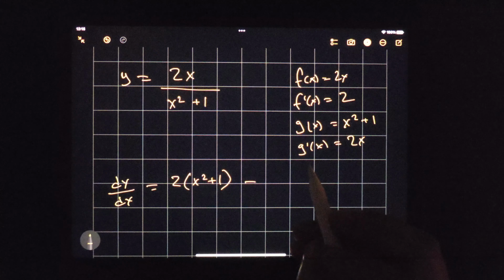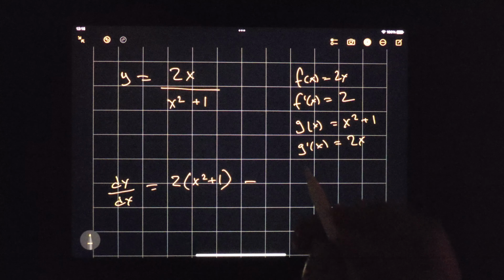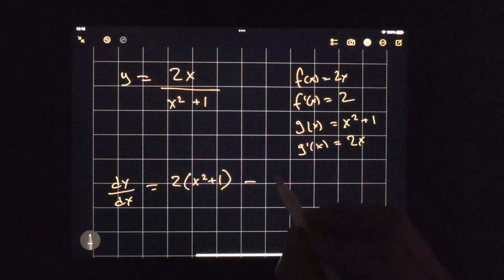Minus our f of x, which is 2x, times our g prime of x, which is also 2x, divided by the denominator squared.